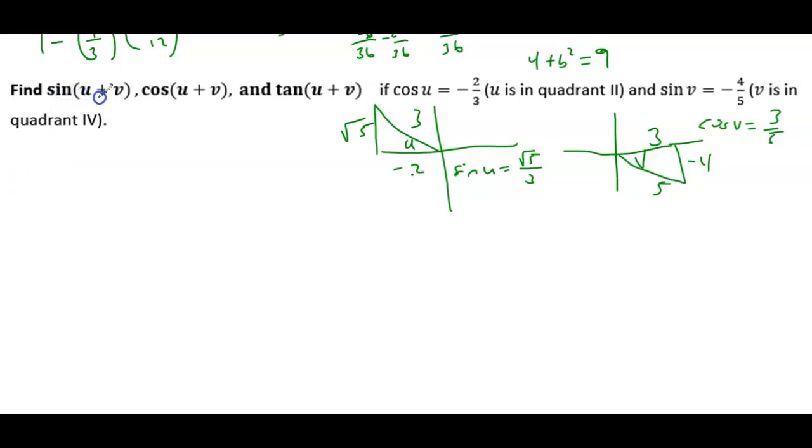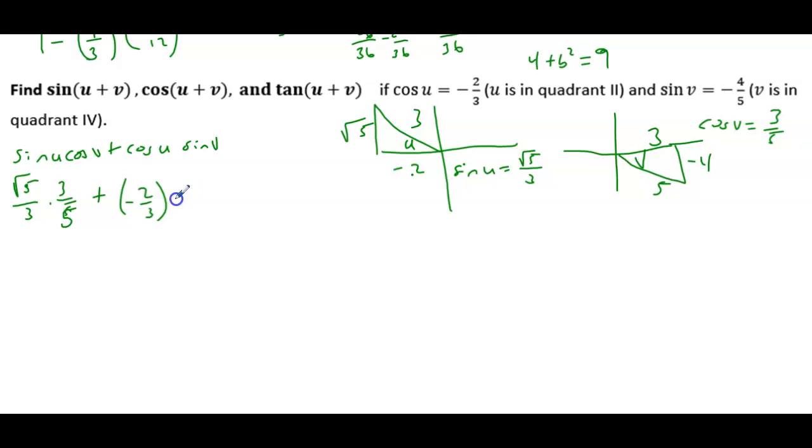So now sine of u plus v is going to be sine of u cosine of v plus cosine of u sine of v. So sine of u is radical 5 over 3 times cosine of v, 3 over 5. And no, these don't cancel out, guys. This is underneath the radical. Cosine of u is negative 2/3.